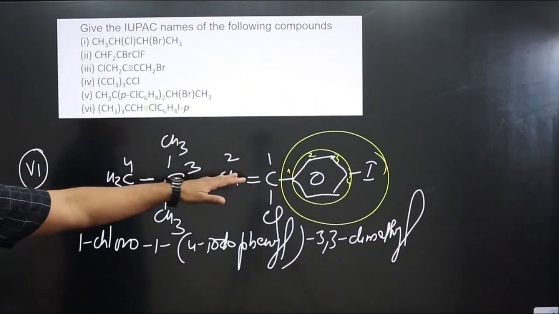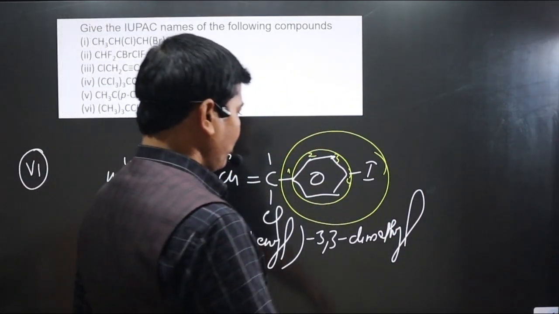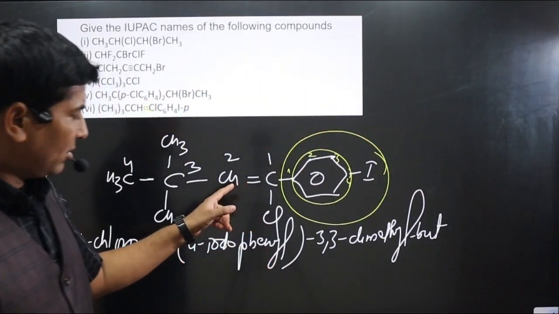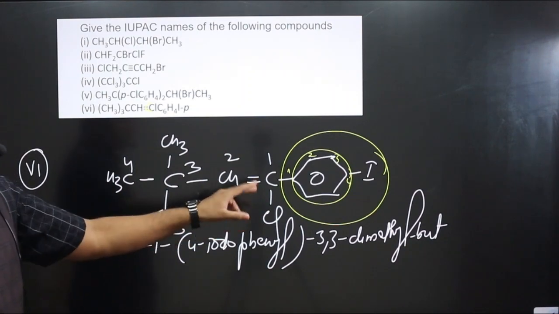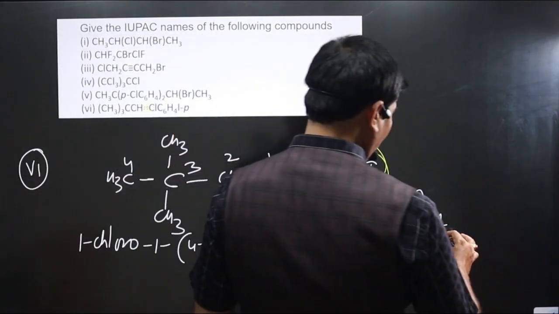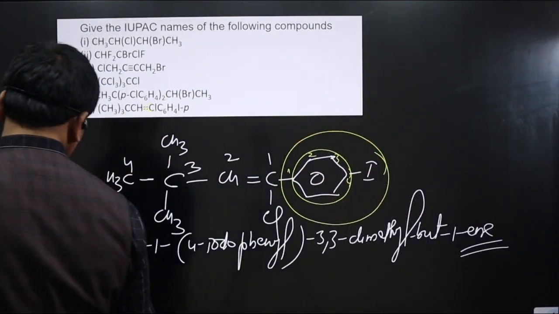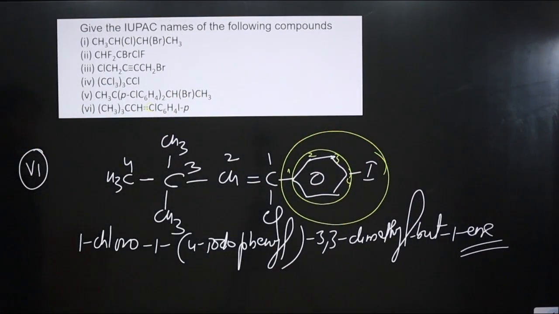And in the parent chain how many carbon are there? 4. So we can mention but. We have but, and specify the position of the double bond. To the first carbon the double bond is there, but 1 ene. Okay, so this is the compound we have: 1 chloro 1 (4 iodophenyl) 3,3 dimethyl but 1 ene.